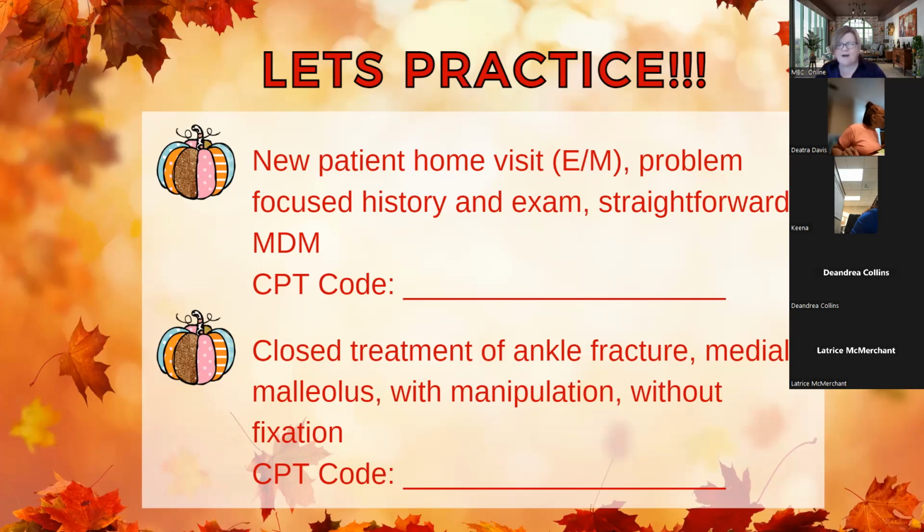So for ours, it's a new patient, it's straightforward, it's problem focused. Everything's lining up for us in that first column, right? So our E&M code, the answer to this one, is going to be 99341. You just follow the table. You look at what kind of history and exam you have, you look at your level of medical decision making, and you line it all up.